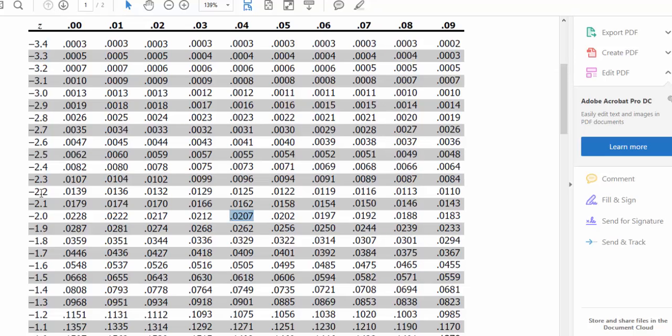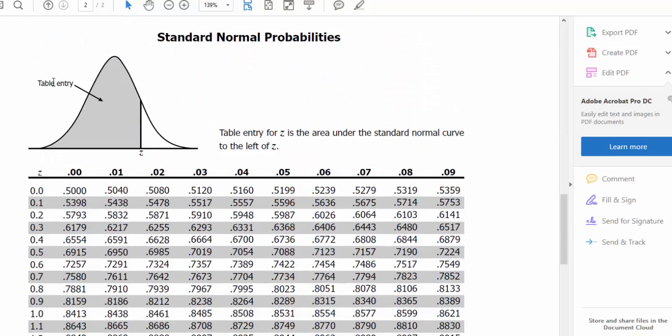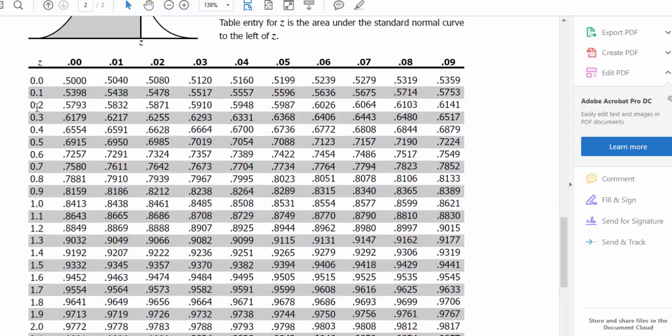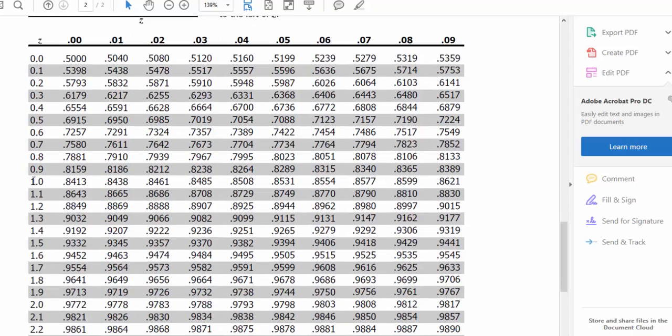Now, our question asks us for the area, or the probability, to the right of z is positive 1. We have to go to page 2 for that. Page 2 has our positive values here. So z-score of 1.00, scroll down. We've got 1.0 and then 0, 8413.